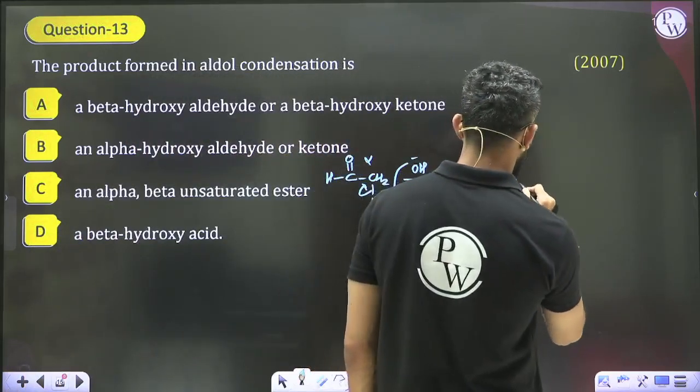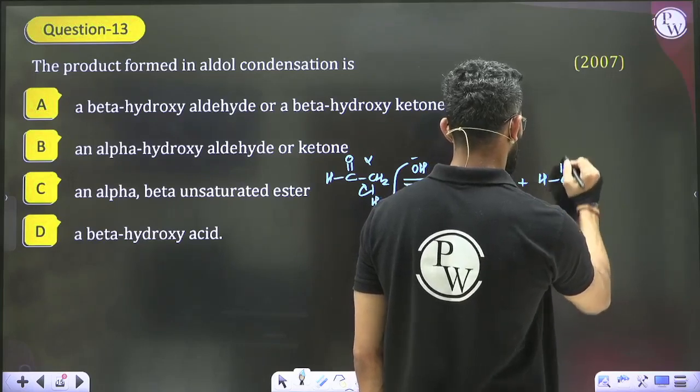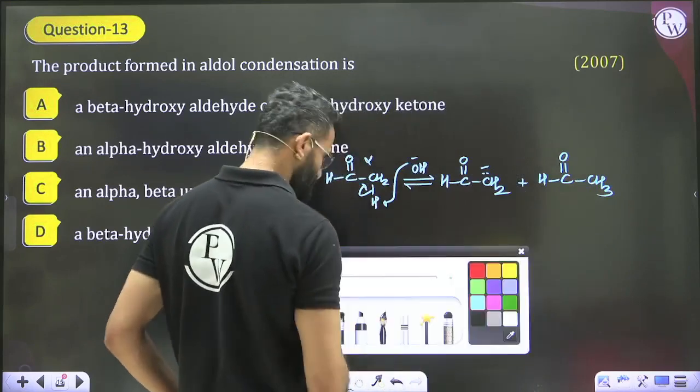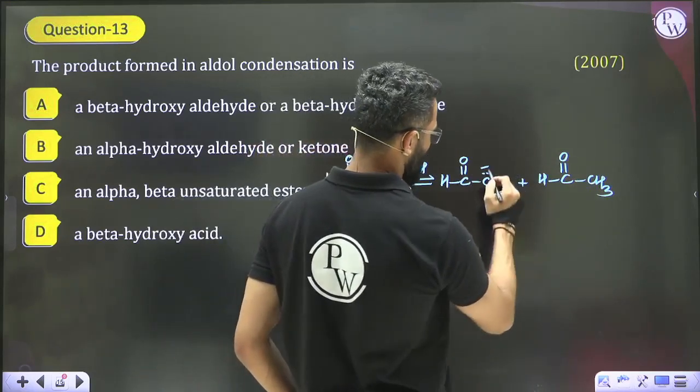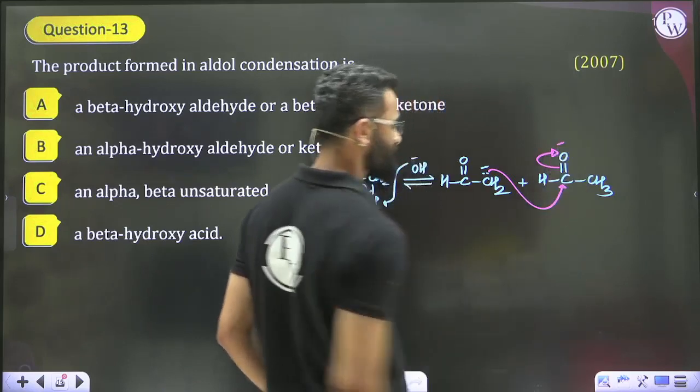This carbanion is then allowed to attack a carbanion acceptor, that is a second molecule of acetaldehyde, let's say. So the carbanion attacks the carbonyl carbon, the bond breaks towards O, making it O minus.